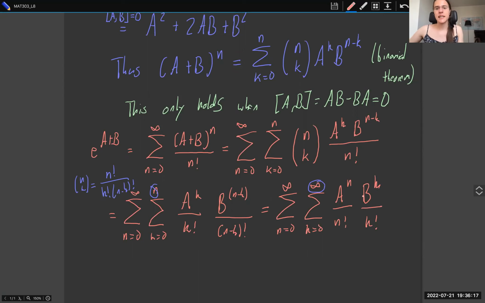The reason is, let's imagine all possible pairs. Maybe I'll introduce different letters, i and j, just to clear up the confusion as to how these two things are related. i is not the imaginary unit, it's an index in this case. So how does this work? If you consider any such pair, then you have their sum, i plus j, and k is going to equal i.